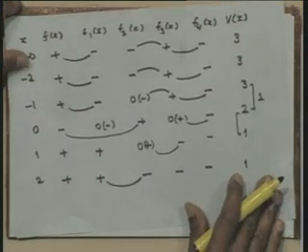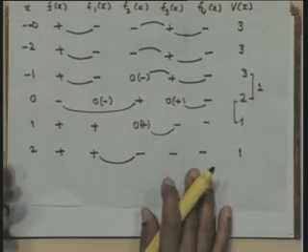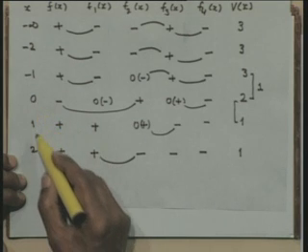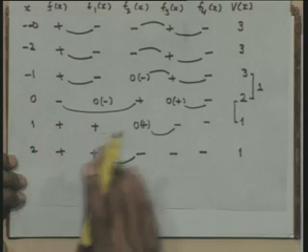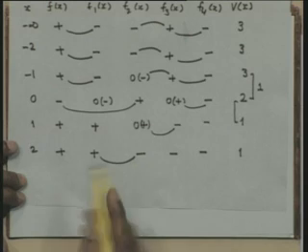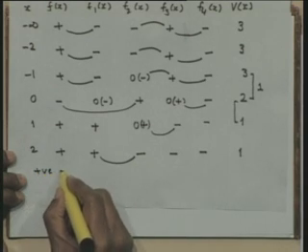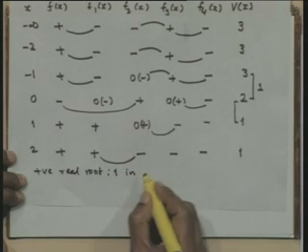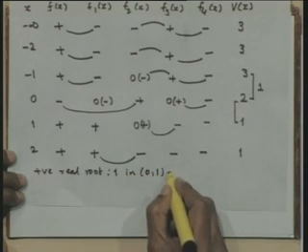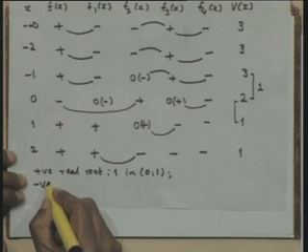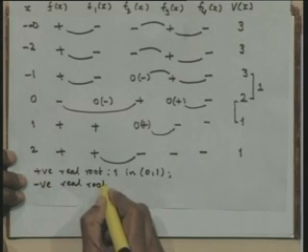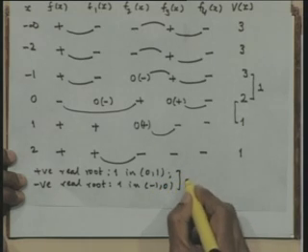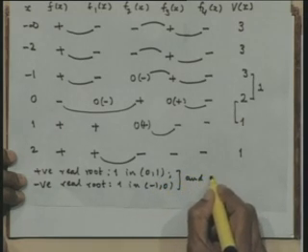We can conclude positively from this result that there is one negative real root between minus 1 and 0, one positive real root from 0 to 1, and the other two must be a complex pair.